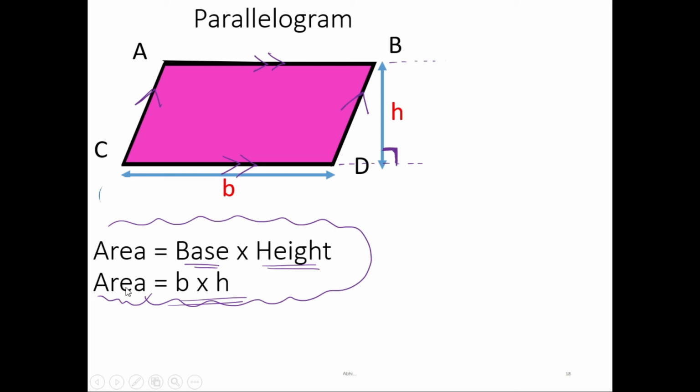We will be knowing another formula which can be used when you have an angle and the sides adjacent to them are given.